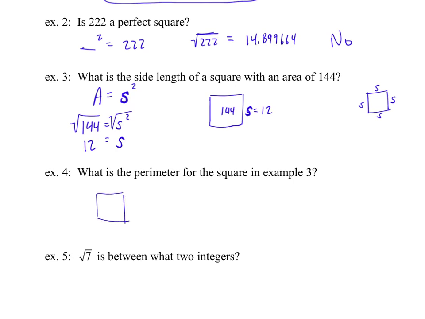We said our area was 144 and this side's 12. What's the other side across from it? 12. What's the side above it? 12. What's the side below it? 12. So how do you find the perimeter of a square? 12 times 4, because I have 4 sides. Each one's 12 long. 12 times 4 equals 48.